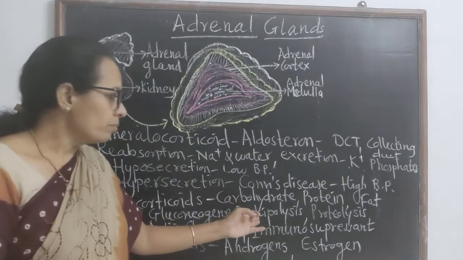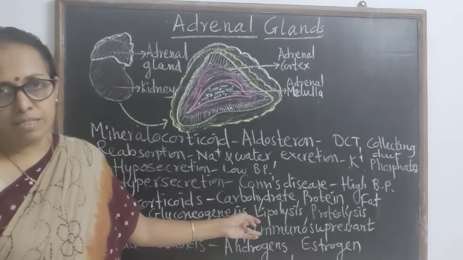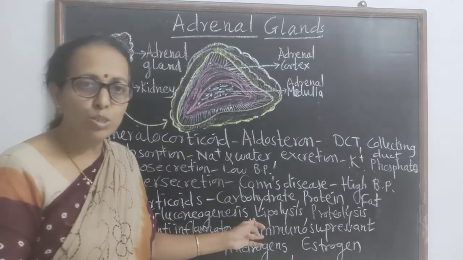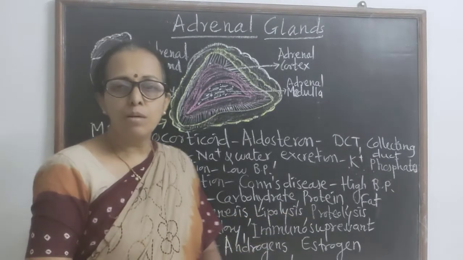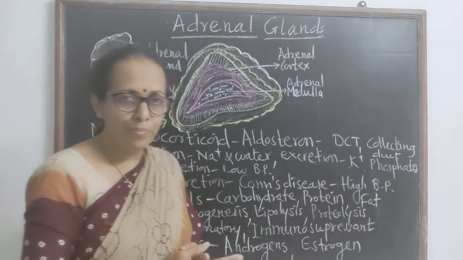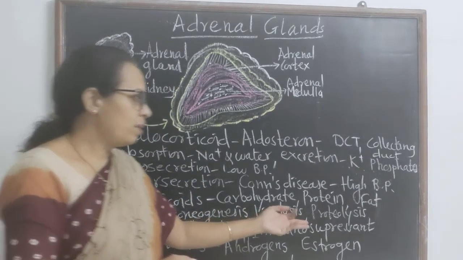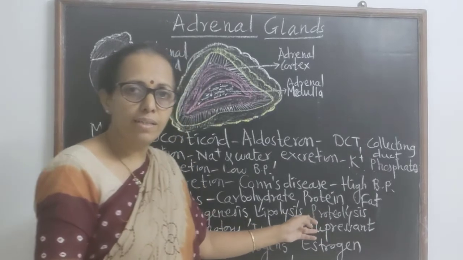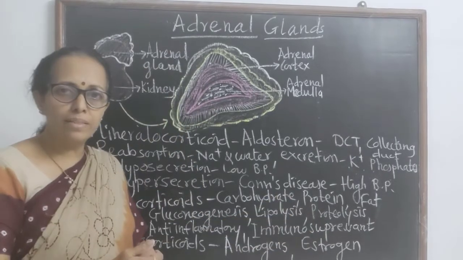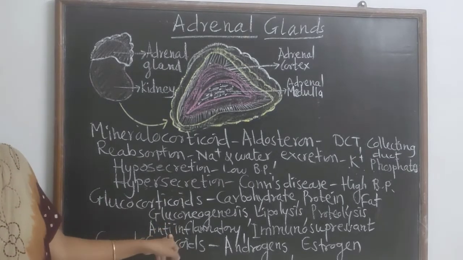It is also involved in lipolytic reactions, the breakdown of lipids in the adipose tissues, as well as proteolytic reactions. Proteins are broken down, so the intake of amino acids from nutrients is affected by this.